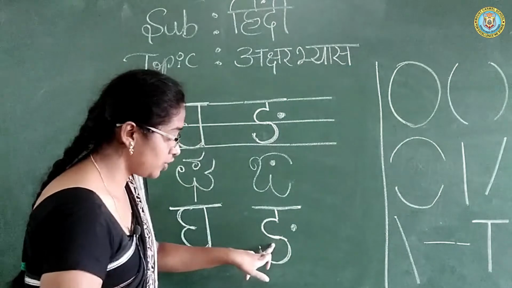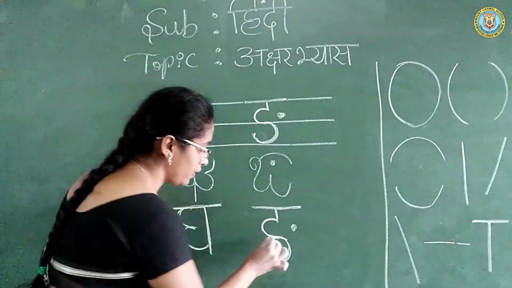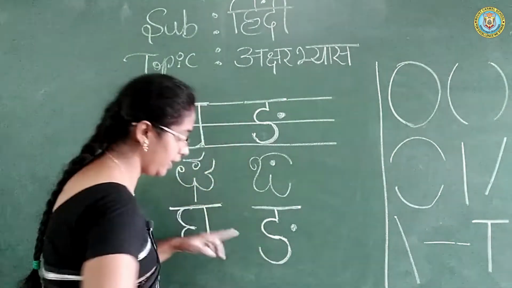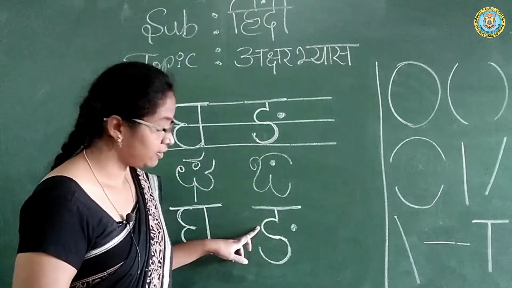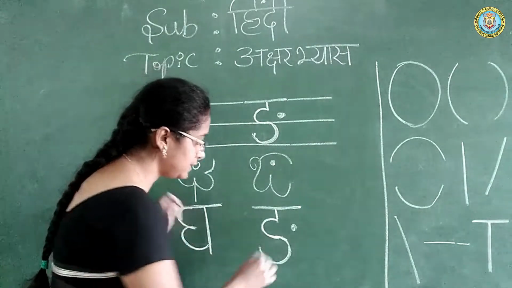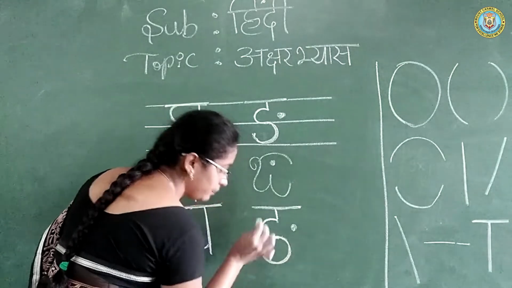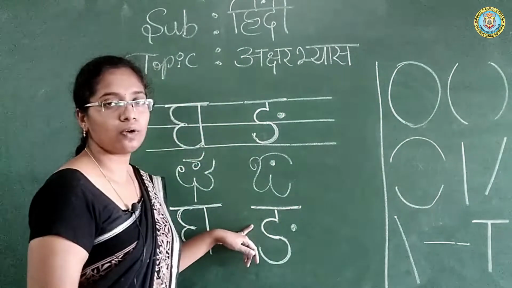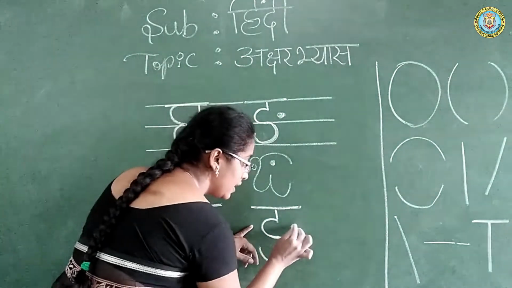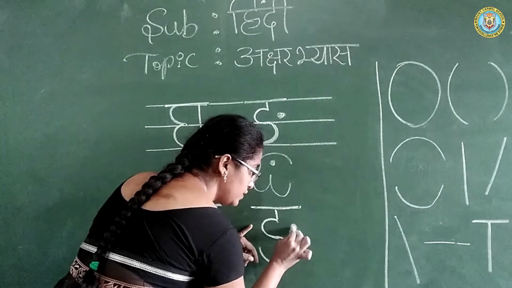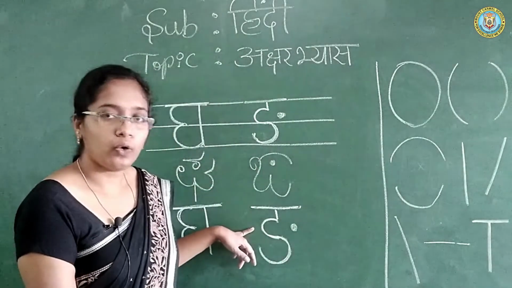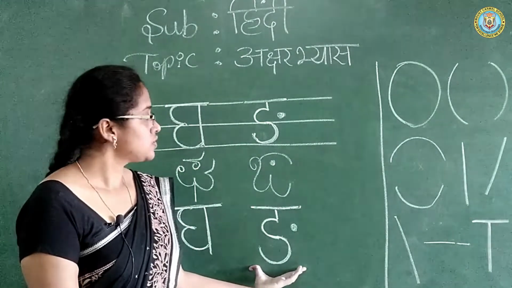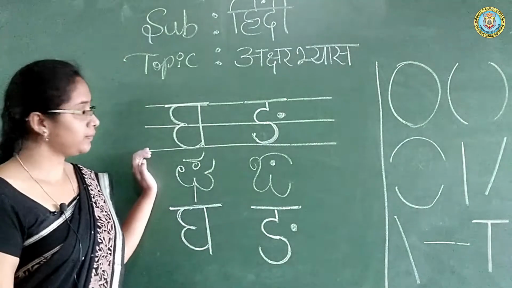We should join here, and this should be a little bigger than the left curve. Then a sleeping stroke, and beside this letter you should put one small dot. I hope all of you have written this letter in your book. So let's do it once again.